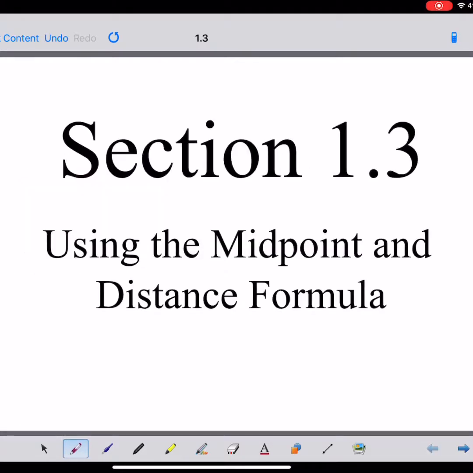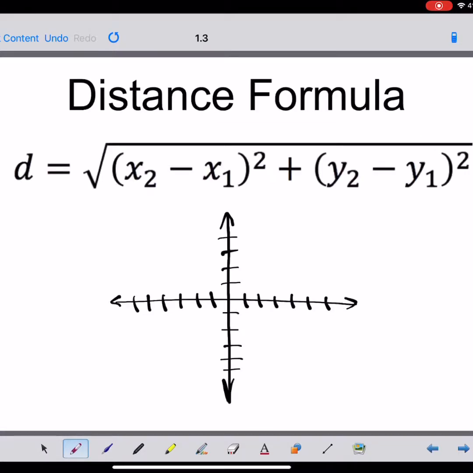So this first section that we're going to look at this week involves the midpoint and distance formula. We talked a bit about distance last week when we talked about congruent segments. So we looked at a segment and we tried to determine if it was congruent by counting the units to determine its length.